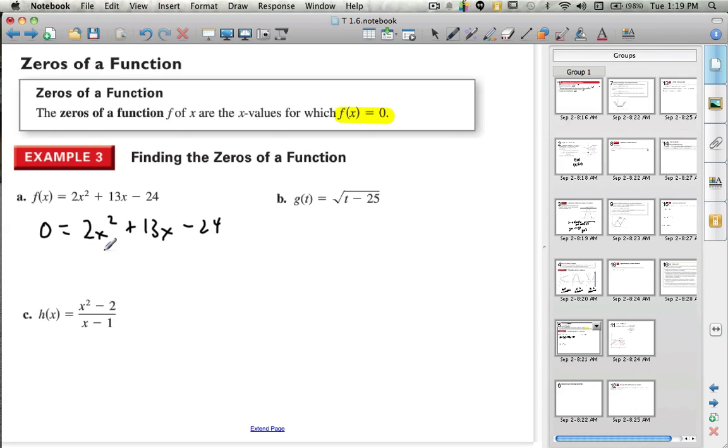And in this case, I would want to factor this, probably would be what I would want to do. I want to find the factors of 2 are 1 and 2. The factors of 24 are 1 and 24, 2 and 12, 3 and 8, 4 and 6. And I want to find products of these factors that have a difference of 13.